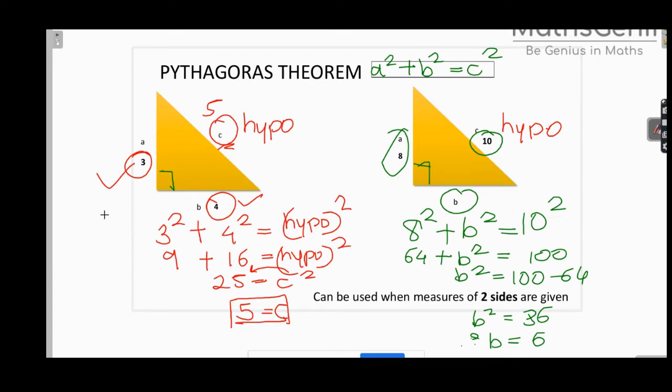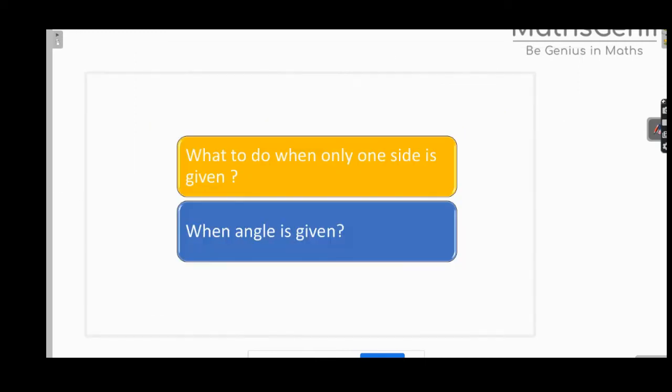In that case, what will you do? That is what we are going to learn in the chapter Trigonometry. What to do when only one side is given in the question? What to do when angle and one side is given? That is why we are going to study trigonometry.